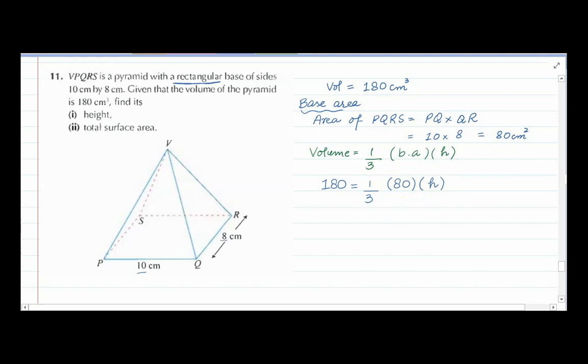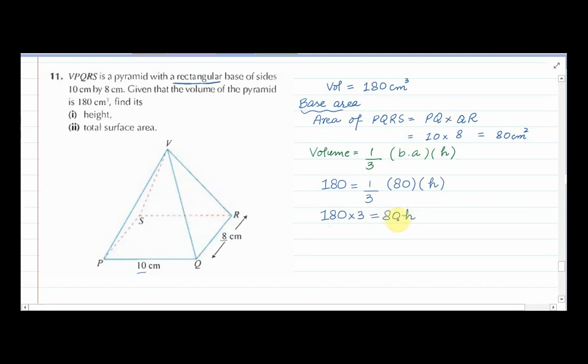Now you need to solve it. So 3 will be multiplied with 180, so that is 180 times 3 is equal to 80 times h.